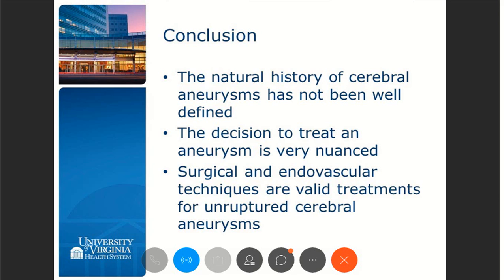The papers were also heavily selected, and even though we have randomized prospective data, it may not mirror the true natural history. Treatment options are varied, and they are changing constantly. In the field of endovascular neurosurgery, the technological advances seem to be happening on a weekly basis. But you have to consider all options.